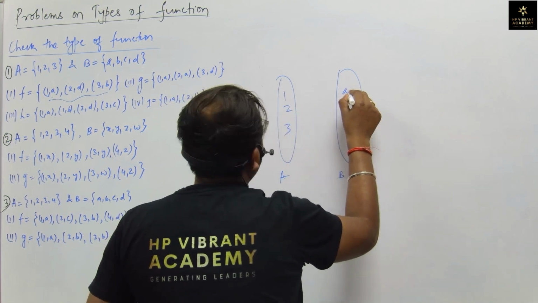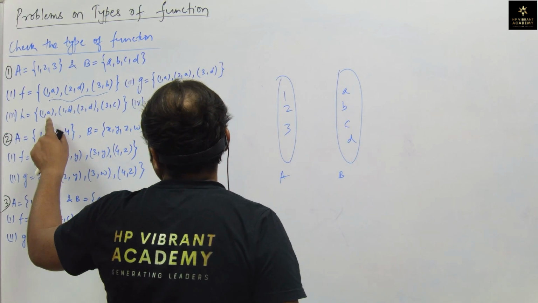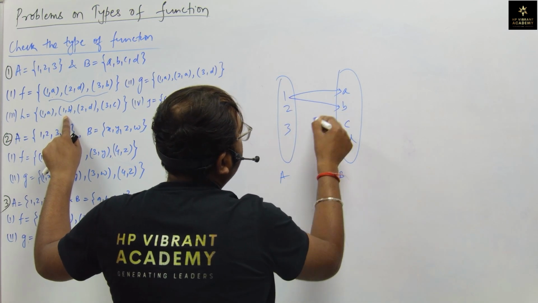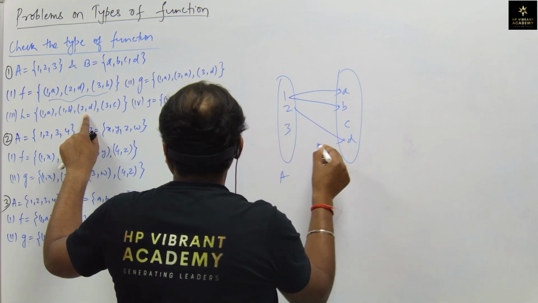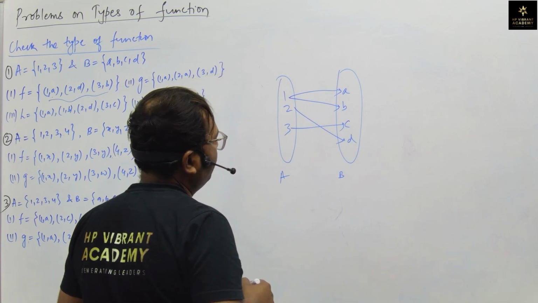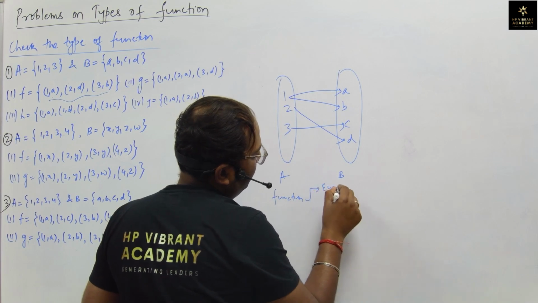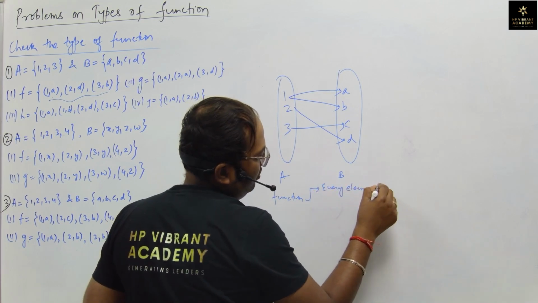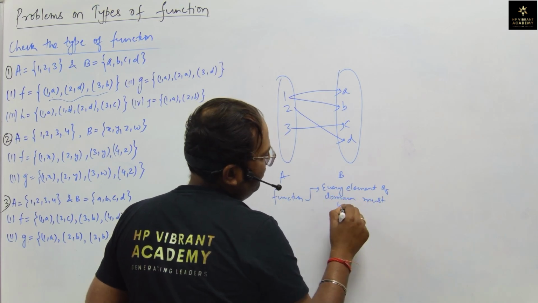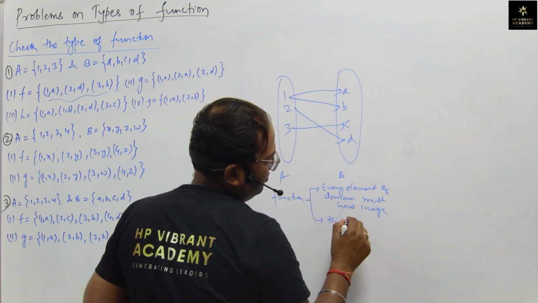In set B we have A, B, C and D. So 1 goes to A, 1 goes to B, 2 goes to D, and 3 goes to C. Now, as per the definition of a function, the criteria is that every element of the domain must have an image, and secondly, that image must be unique.